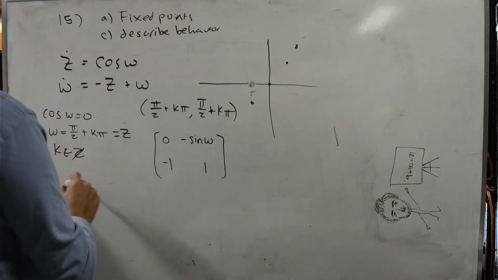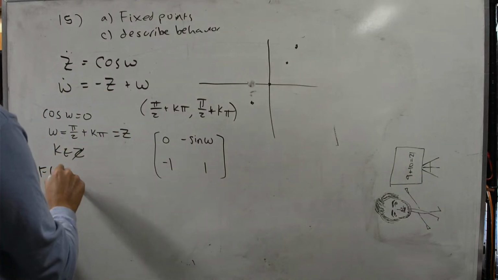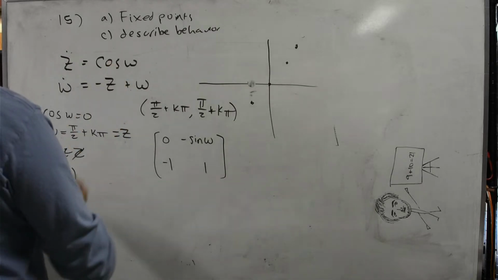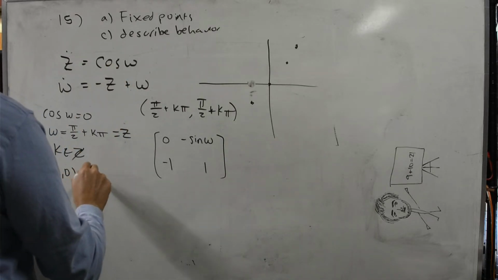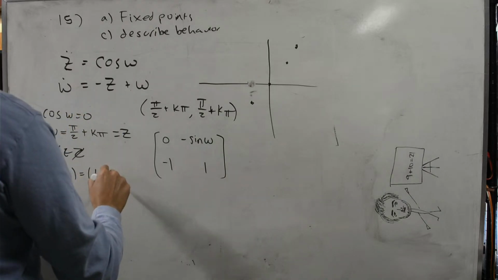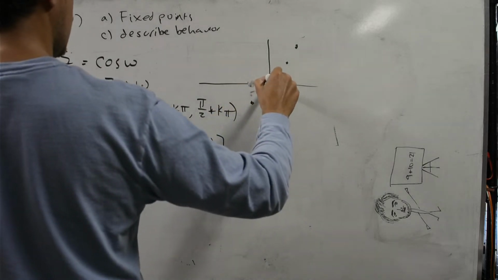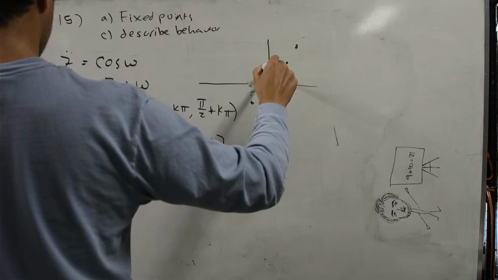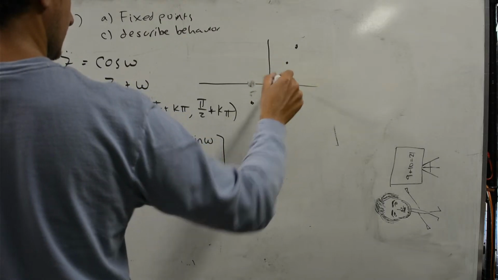If we plug in a point like f of 0, 0, we're gonna get cos of 0, which is 1. So we're gonna get equal to 1, 1, and then we're gonna get 0. So along this axis, this thing is going this way.